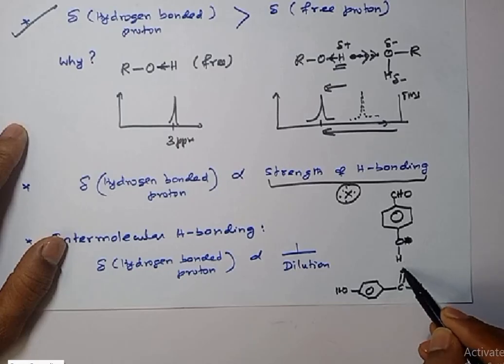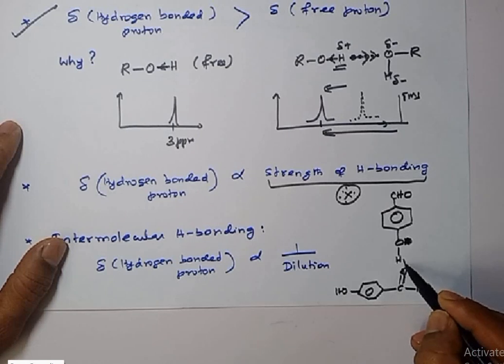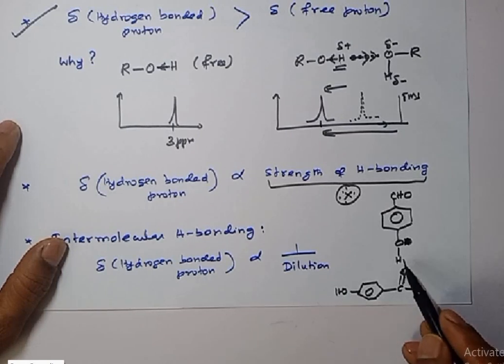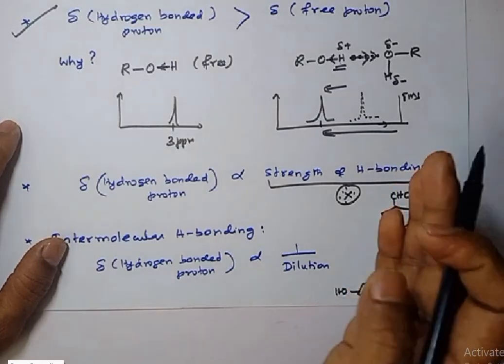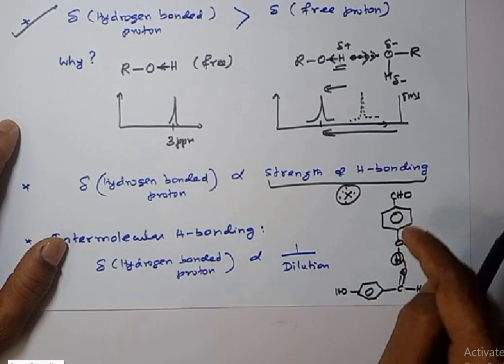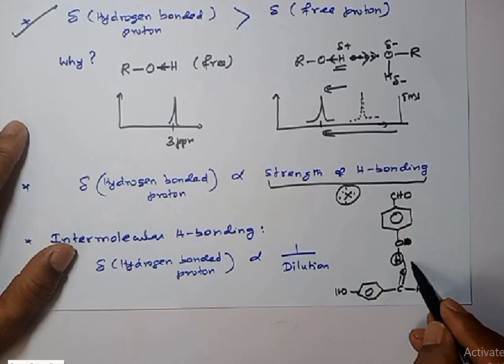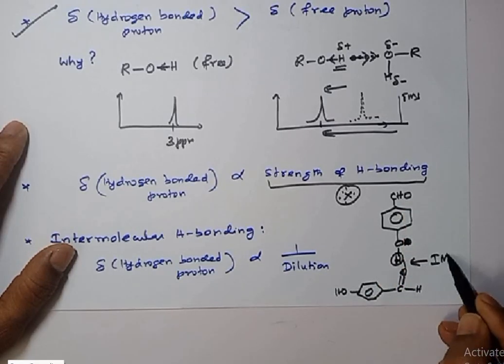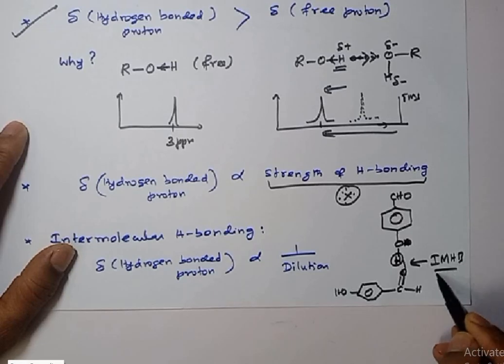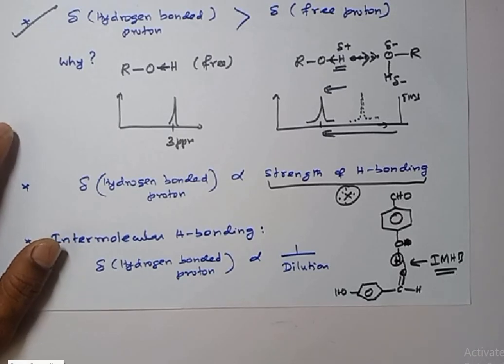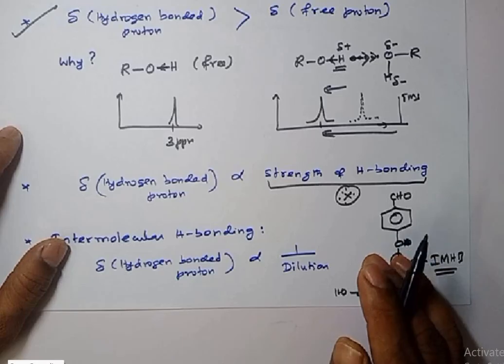Between this hydrogen and this oxygen, there is a hydrogen bonding interaction. Because of this hydrogen bonding interaction, what will happen? This hydrogen appears in downfield. This is intermolecular hydrogen bonding between two molecules. Intermolecular hydrogen bonding, IMHB.